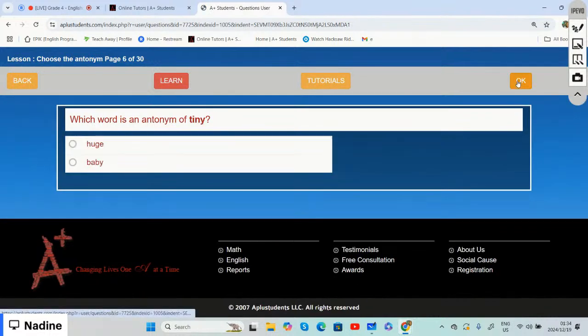All right, let's look at the last one. What is the opposite of tiny? Tiny.